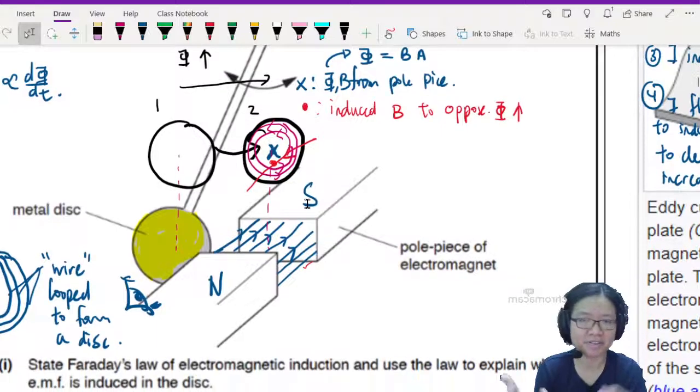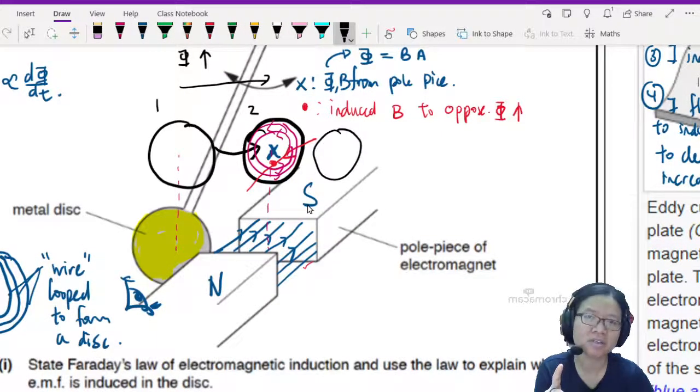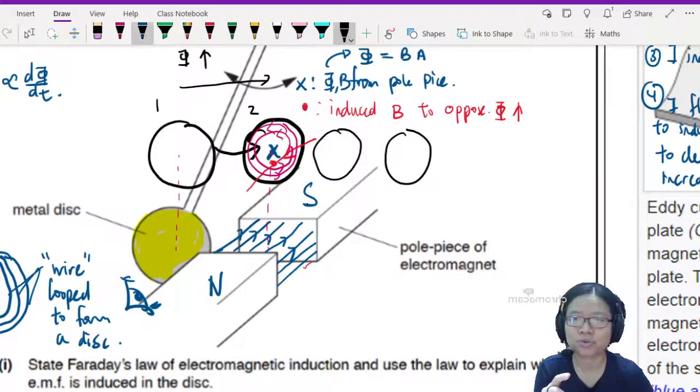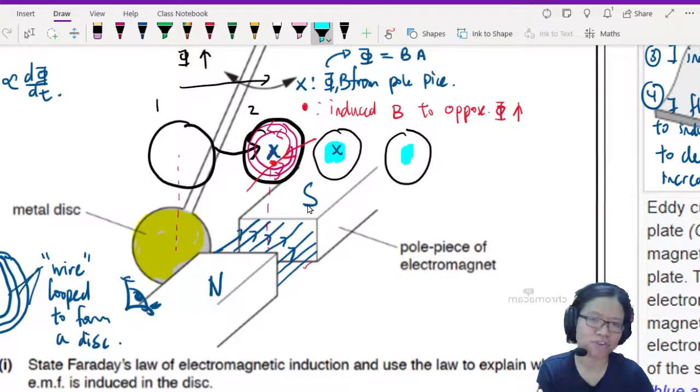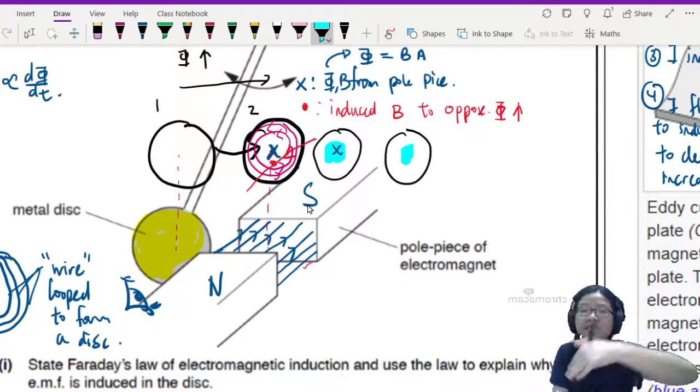Think about this, the next second later, the disc will be here. And then it's about to exit now. So it's going to go from having flux to having no flux. So the current will change direction again. So the current keeps changing direction, no? And it's like that circular path. So that is what is known as eddy current, that kind of swirly shape.